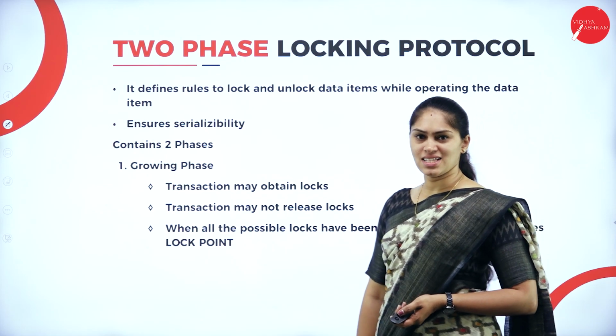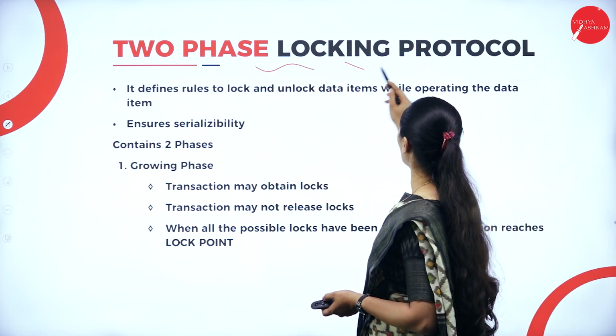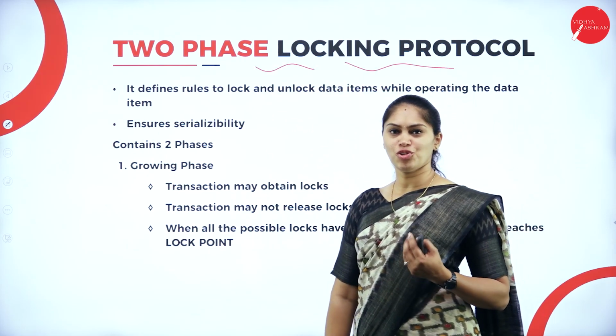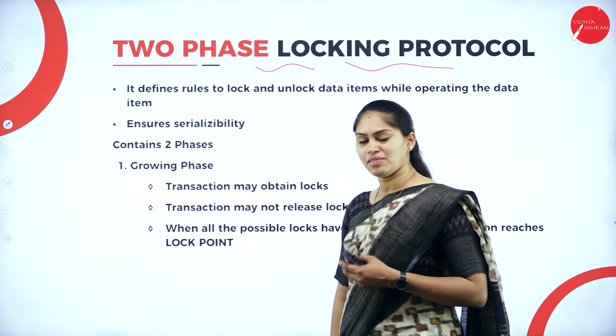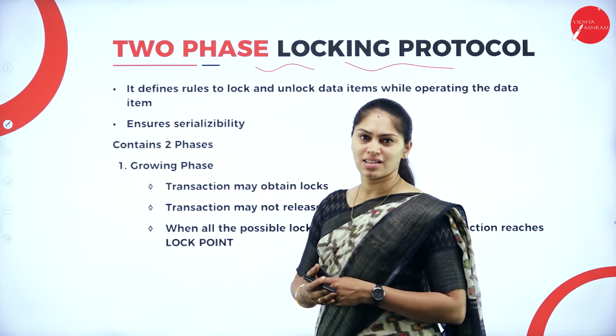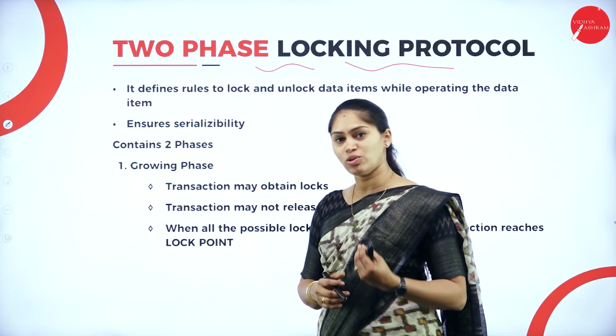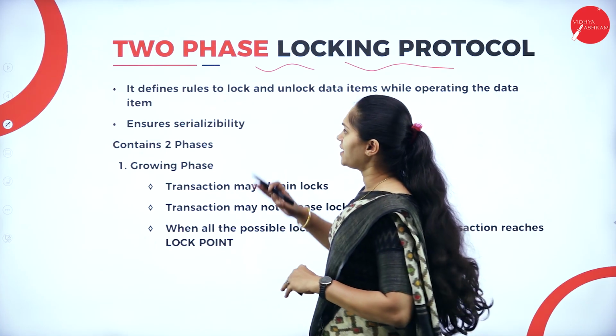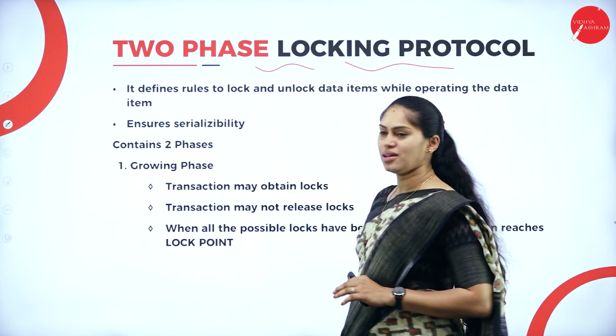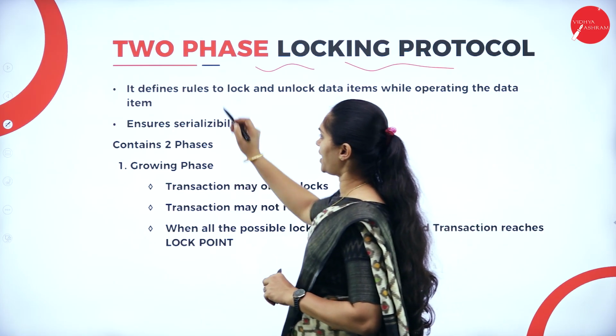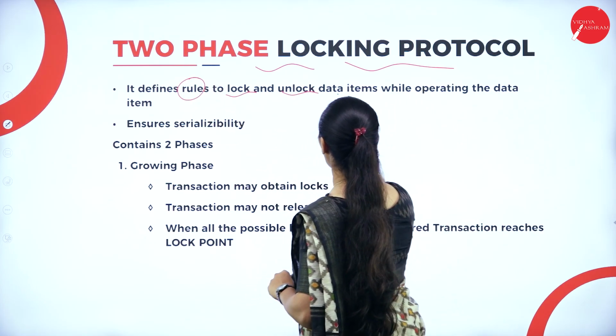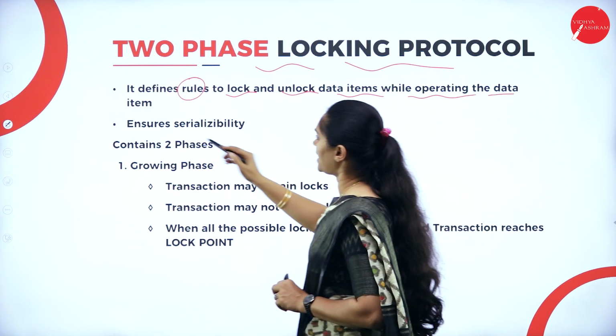And also here we can see that we have a two-phase locking protocol. In this two-phase locking protocol, how it is going to work: in order to ensure more security of data and to control the concurrent execution, we have a two-phase locking protocol. Mainly it defines the rules to lock and unlock the data items while operating on the data item.